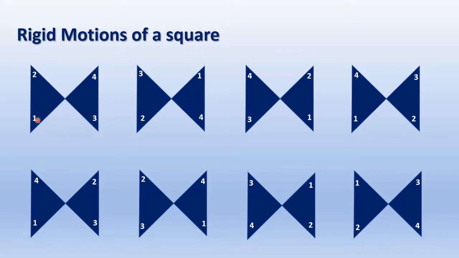So initially we had 1, 2, 3, 4, but we have tilted this, fixing this center point. So these 2 vertices alone have been changed, which means you have twisted it in a 3D direction. So these are all new permutations of those numbers 1, 2, 3, 4, but they are not symmetric to the square. So these are not rigid motions of a square, but these are all arrangements of 1, 2, 3, 4.